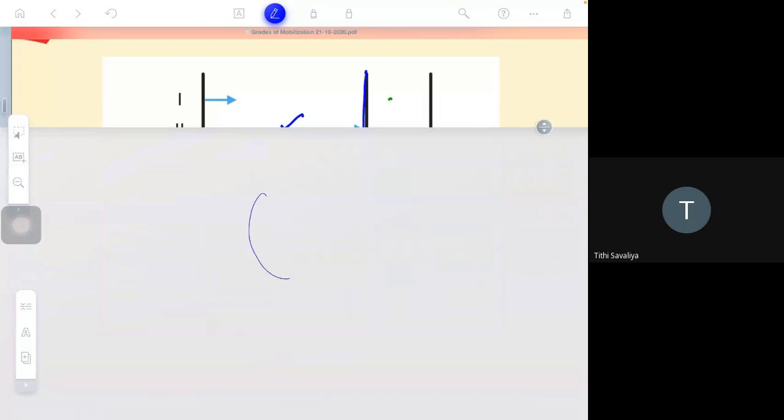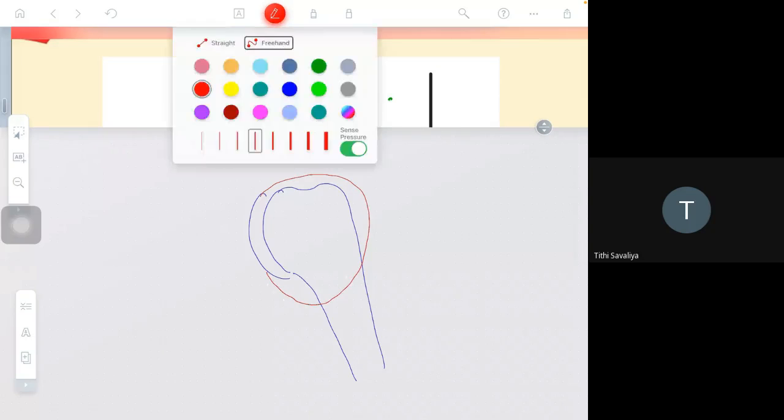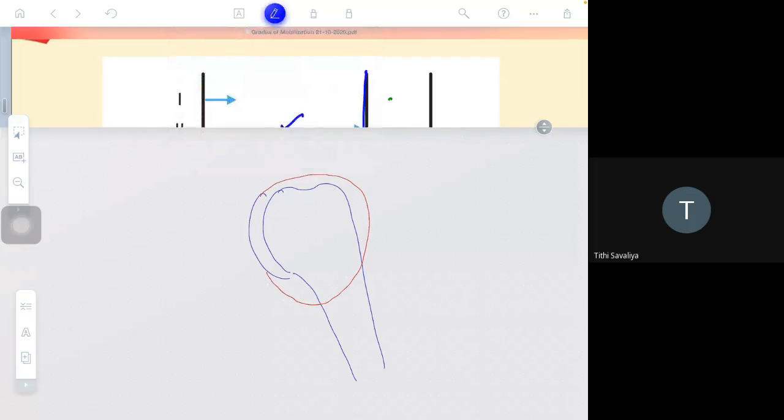Imagine this is the glenohumeral joint and this is the joint capsule. And on the first day you are giving grade 2 distraction. What is grade 2 distraction? I have told already, distraction is always perpendicular to the treatment plane.